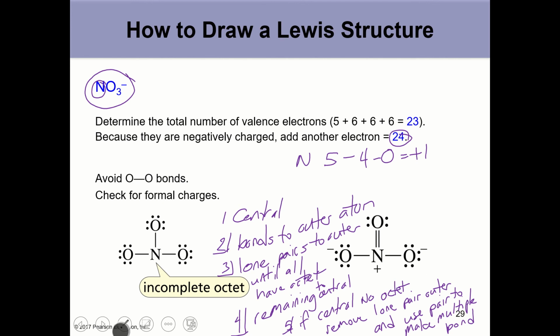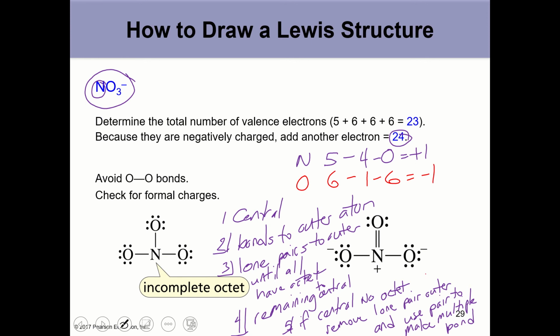And we can prove that using the formula for calculating formal charge. A valence of 6 minus 1 bond minus 6 dots is equal to negative 1.